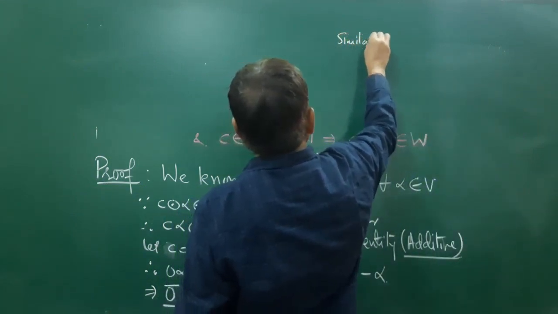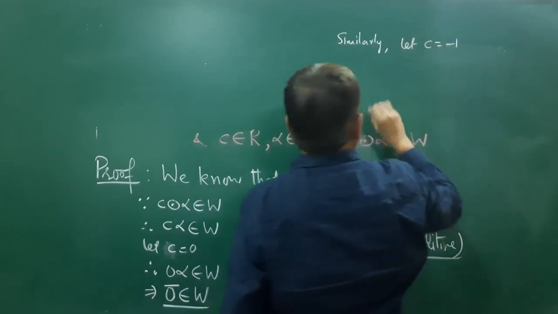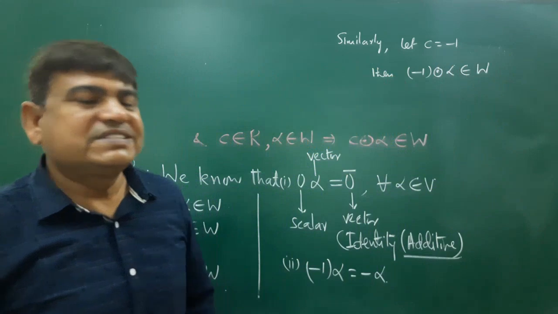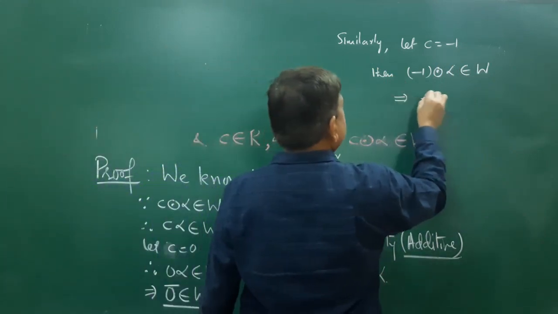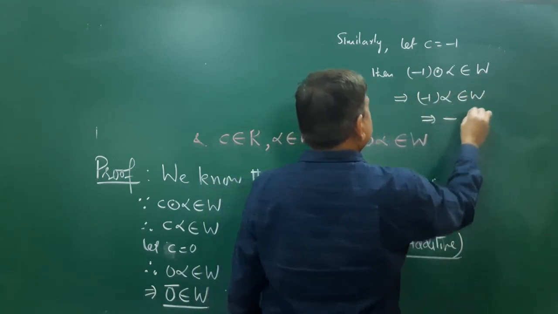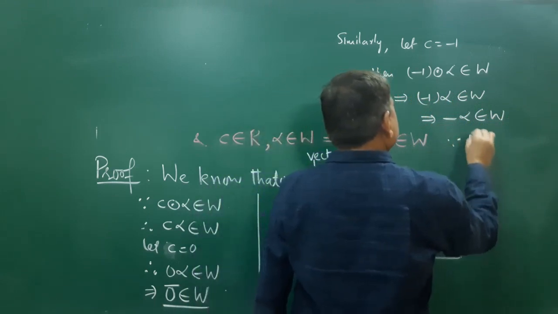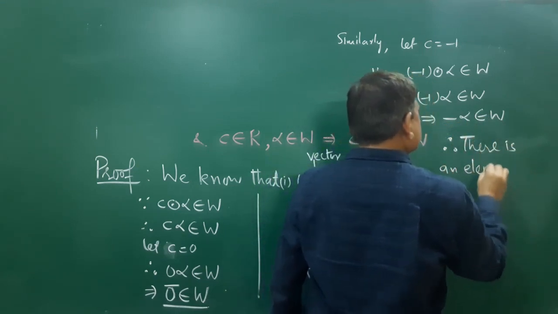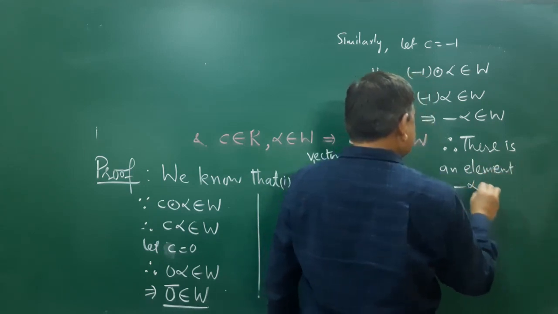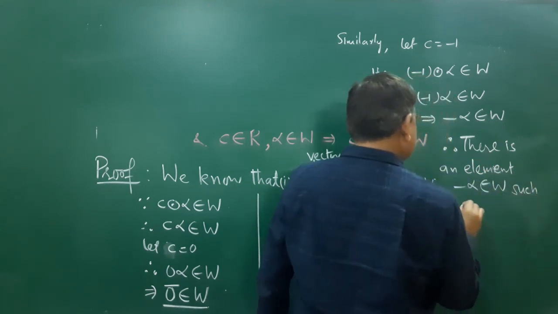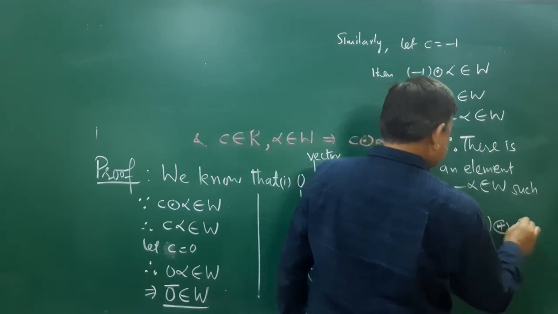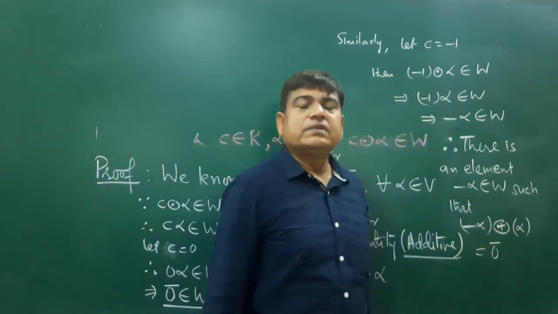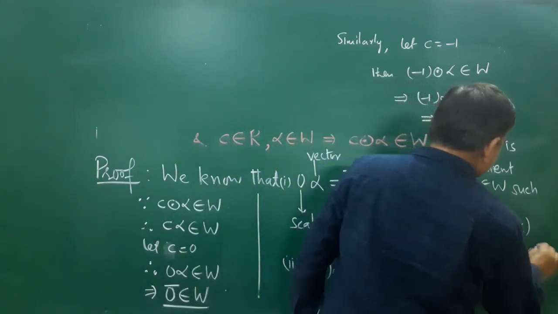Similarly, let us say -1. Then, because scalar multiplication is closed in W, there is an element minus alpha belongs to W such that alpha plus minus alpha is zero.